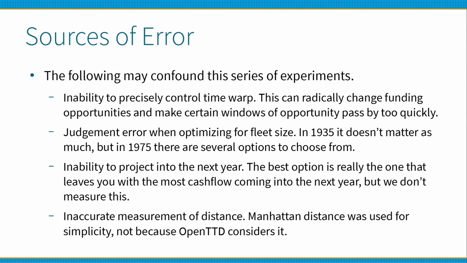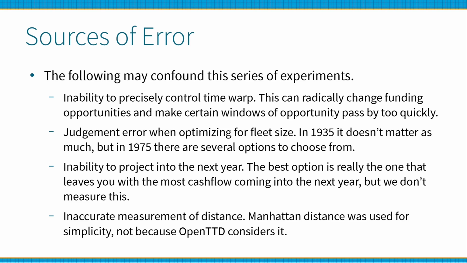As far as judgment error is concerned, this is important to mention. I did a cursory sort of thing, but maybe I didn't pick the best in terms of which planes would be best or which trains would be best. So in order to do that, it's probably better to use that model to get the best idea of what I should be optimizing for.